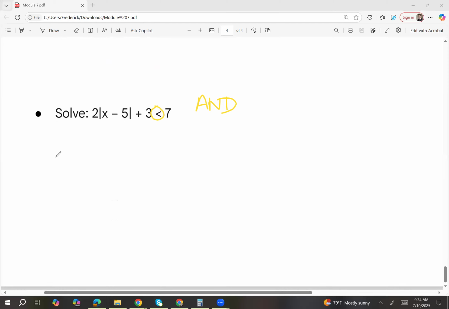We need to subtract this number, because it's like 2 times absolute value plus number less than number. So we need to join that number 3 with the 7 on the other side. When we do that, we get 2 absolute value x minus 5 left over here, less than 7 minus 3 for 4 over here. Now it's like we have 2 times absolute value of stuff less than 4.